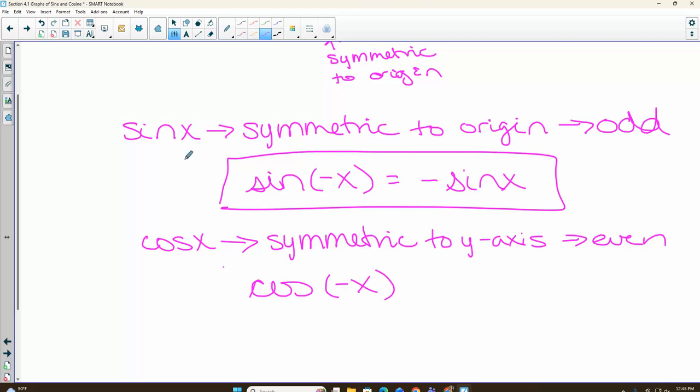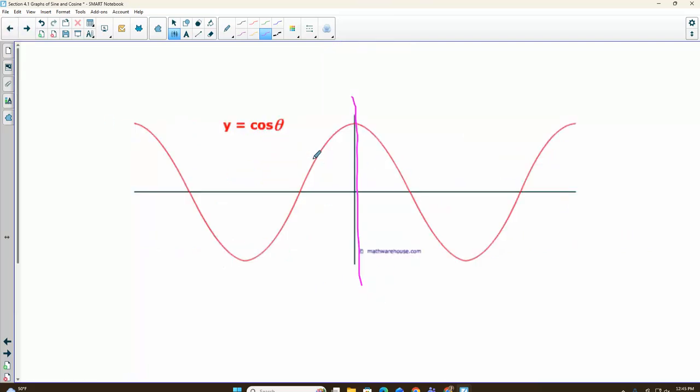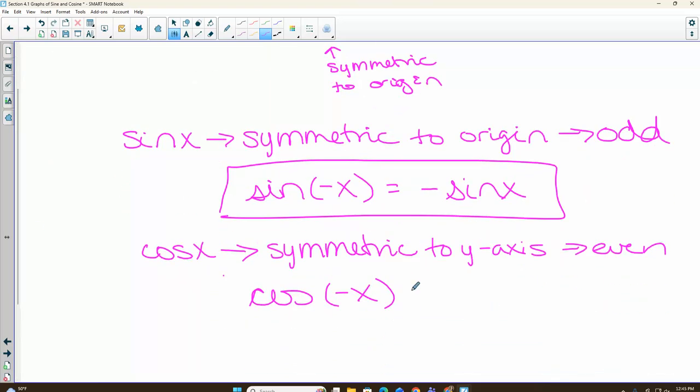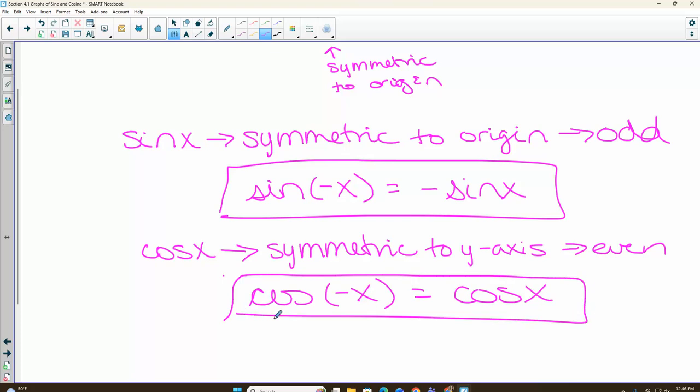What that means is when you have the cosine of a negative angle, you get the exact same value as cosine of the positive angle. So cosine of a negative x is equal to cosine of x. So sine is odd, so a negative on the angle will go out in front. Cosine is even, so if there's a negative on the angle, we can drop it.